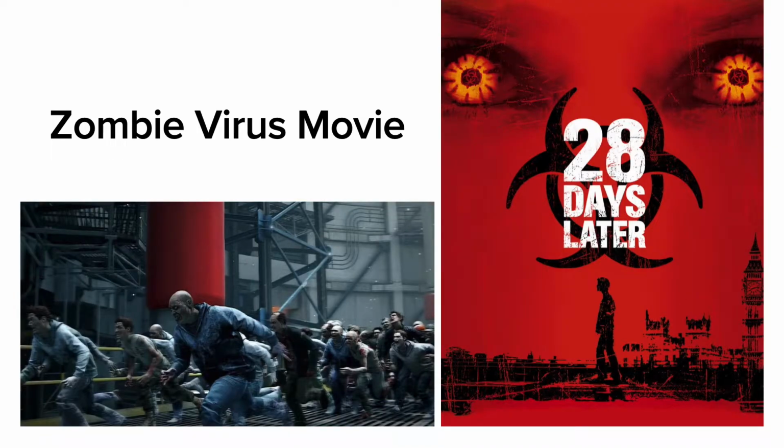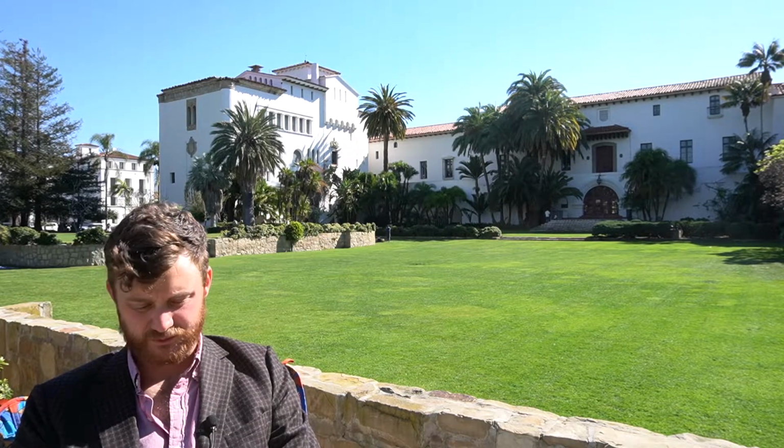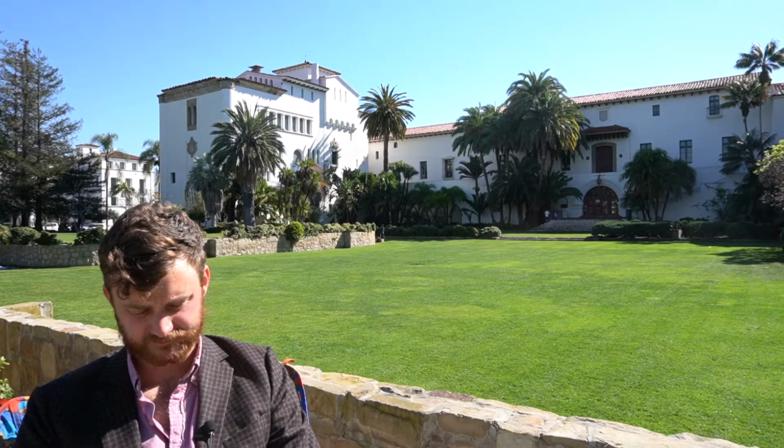So think about any zombie apocalypse movie like 28 Days Later or World War Z. Now think that the government could stop the spread of the zombie virus by mandating vaccines. At least this is a kind of disaster where vaccine mandates would be justified. But luckily we are not fighting the zombie virus. The point of this thought experiment is to demonstrate that vaccine mandates can still be justified on a libertarian framework.